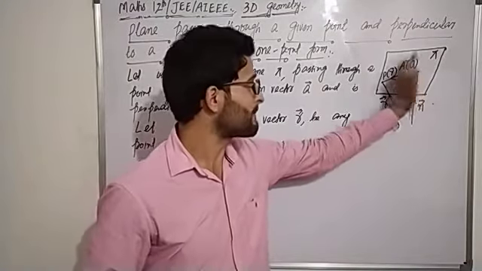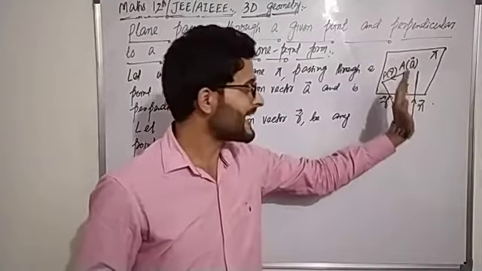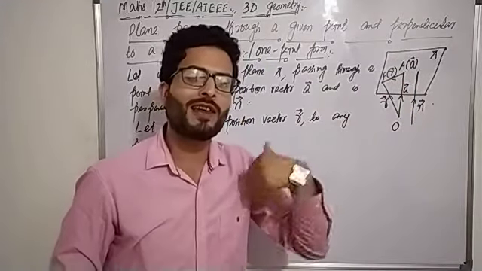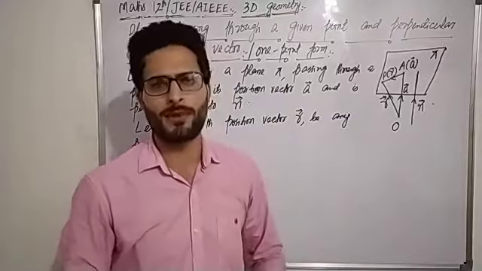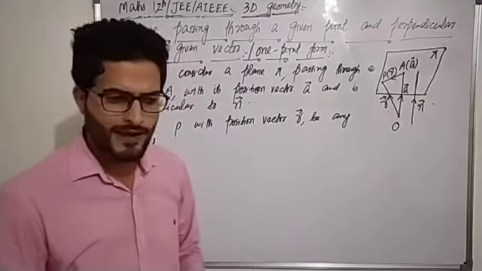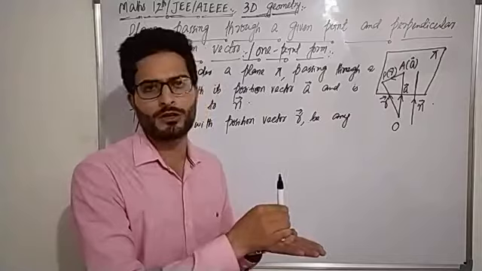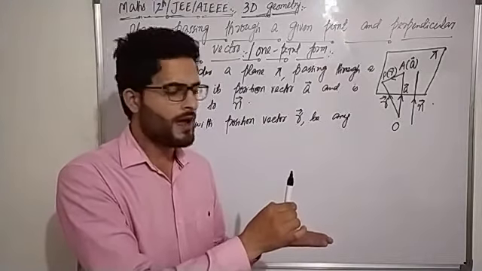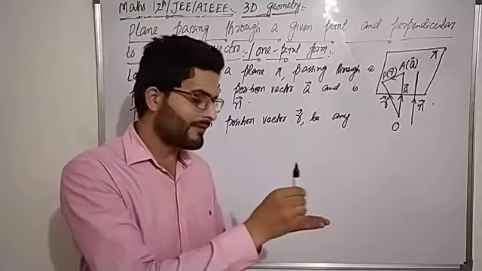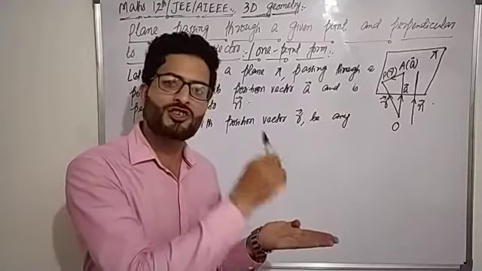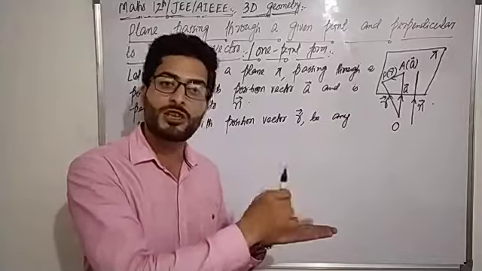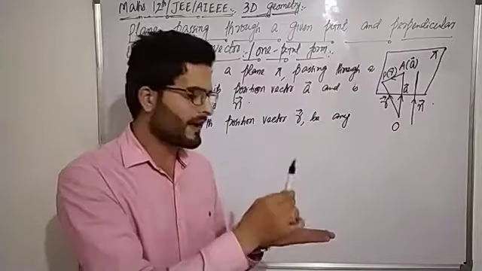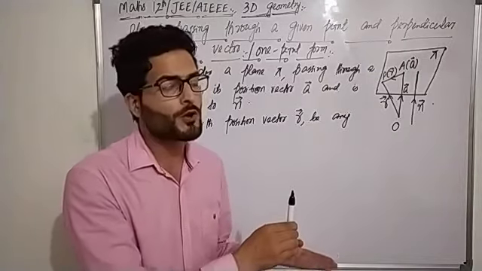Because n vector is perpendicular to the plane, which means n vector is perpendicular to every line or every vector in the plane, right? A line or a vector is perpendicular to a plane only when it is perpendicular to all the vectors, or all the lines, lying in that plane.